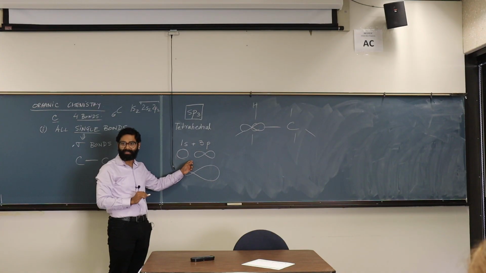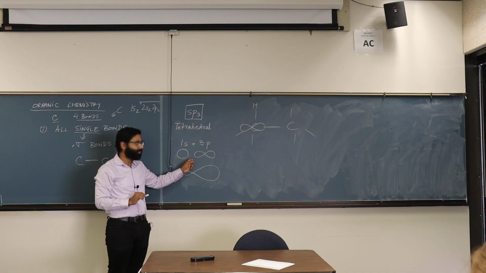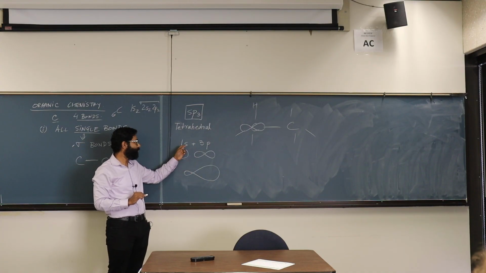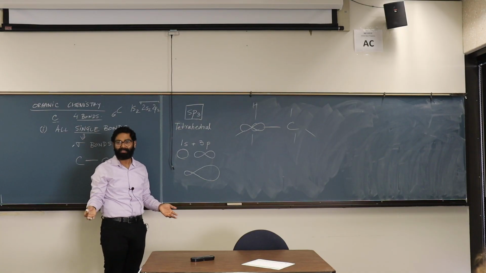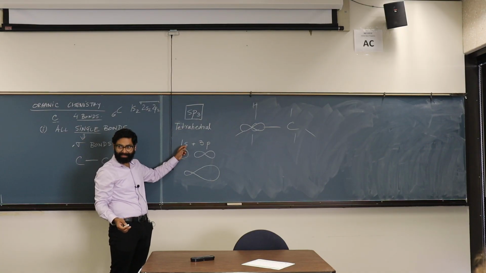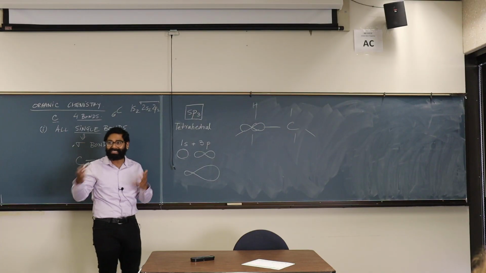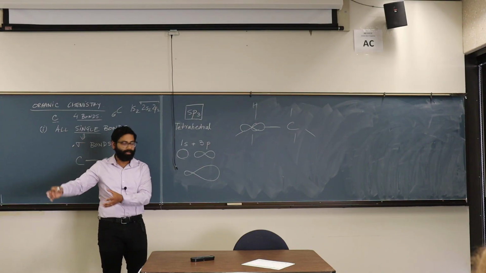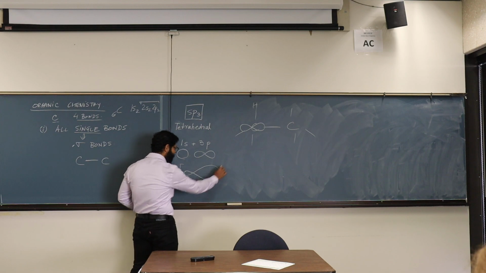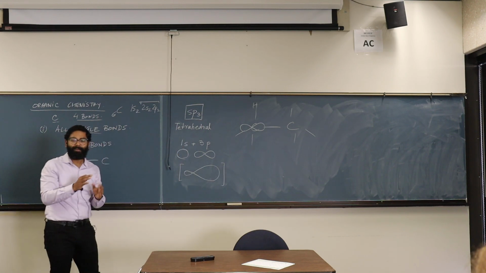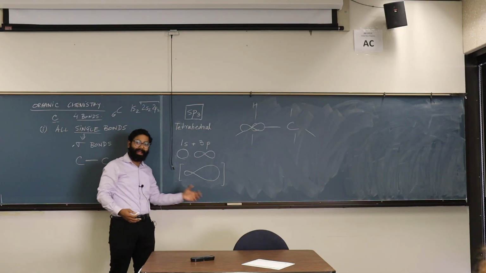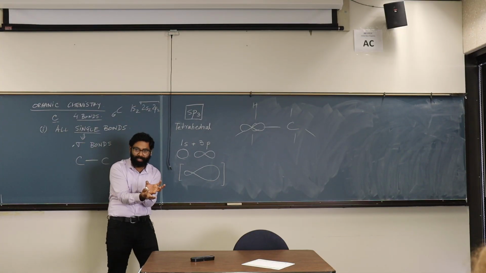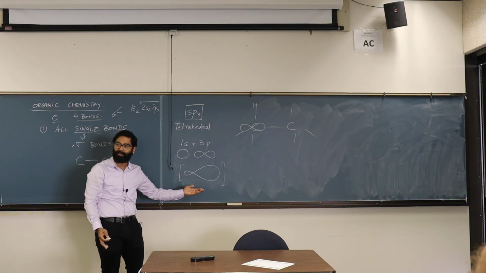How much percent is S versus how much percent is P? If you have 1S and 3P, what is the percentage? Simple math, come on. 25%. So it is 25% S and 75% P. So most of its character is a P character. Okay? So this is the hybridized orbital. When carbon is coming with an sp3 hybridization, all its orbitals have kind of morphed into this sp3 orbital.